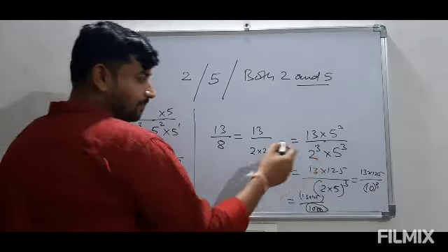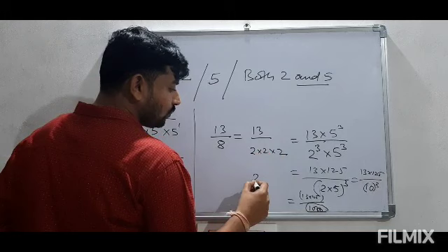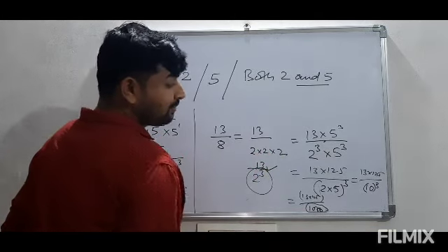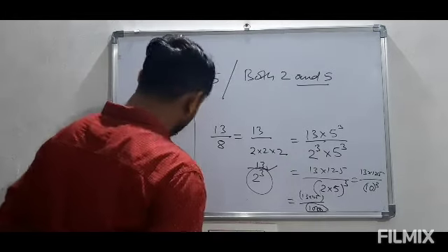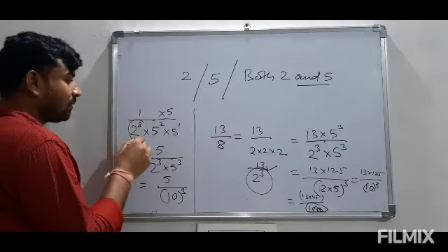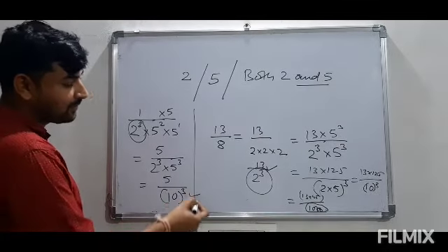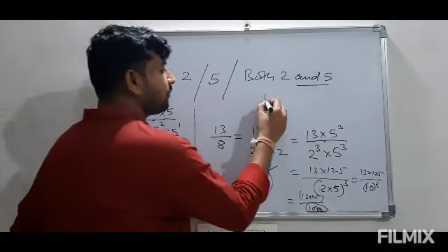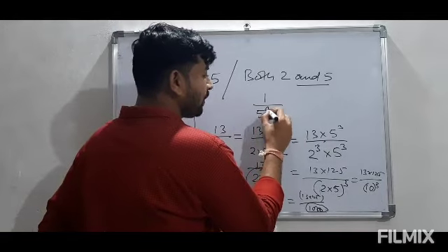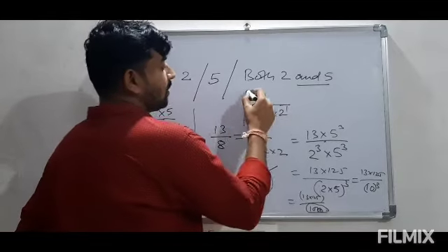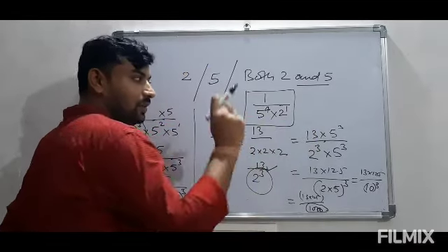Now look at this. When we had 2 power 3 in the denominator, it was terminating after 3 digits. When the maximum power of 2 is 3, again it is terminating after 3. What does it mean? If we have a question like this, 5 power 4 into 2 power 1, after how many digits will this terminate?